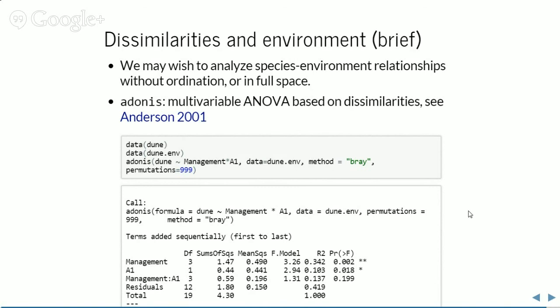Then you could specify in the Adonis statement strata equals site, and it only runs the permutations within each site individually. I don't exactly know how it gives you just one answer, but from what I understand, I've just been looking into this, it's a way of dealing with some nestedness issues in data. I don't think it can get very complex, though. But maybe people are working on that. I don't know.